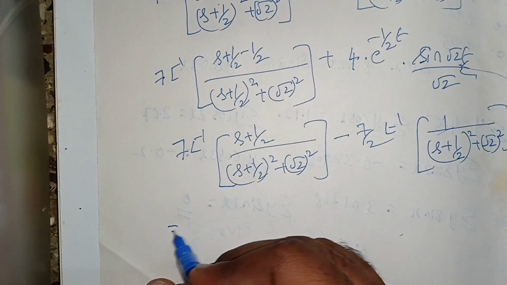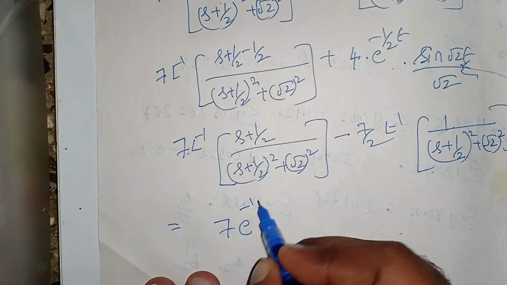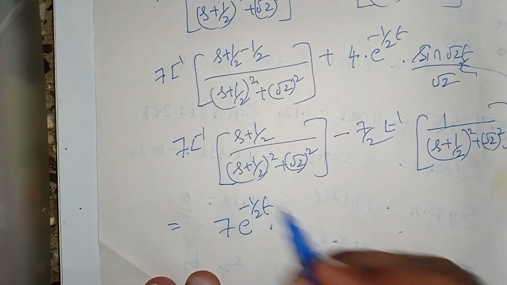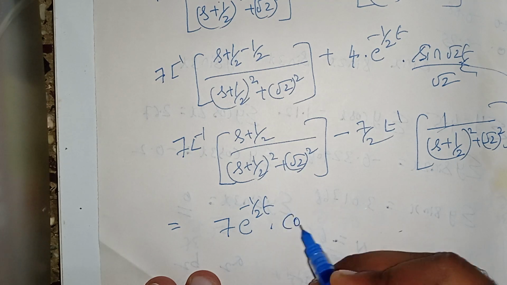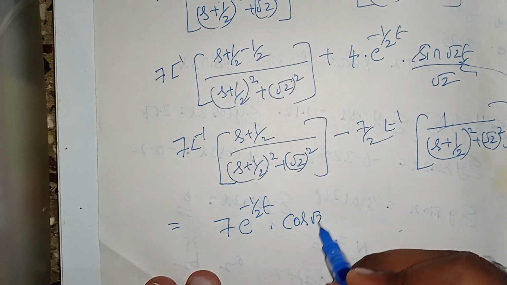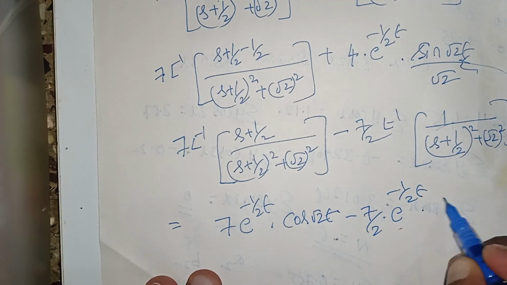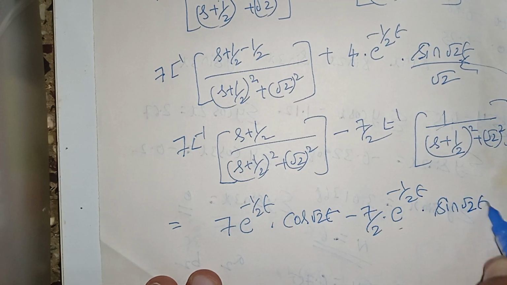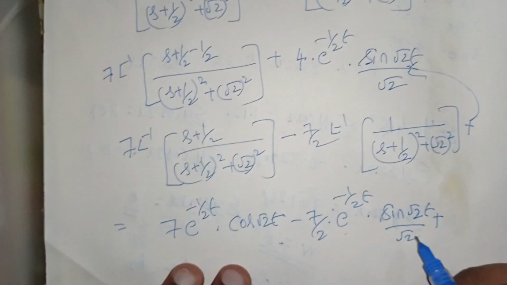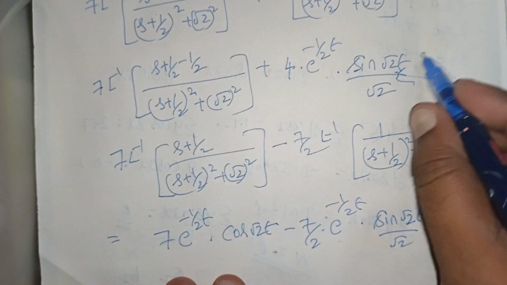So final answer I can write 7 into e power minus half t, this is nothing but cos root 2t, minus 7 by 2 into e power minus half t sine root 2t by root 2, plus this term.